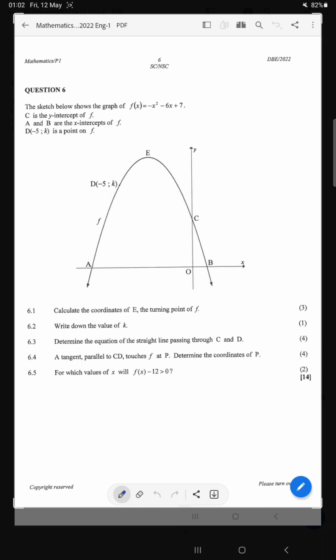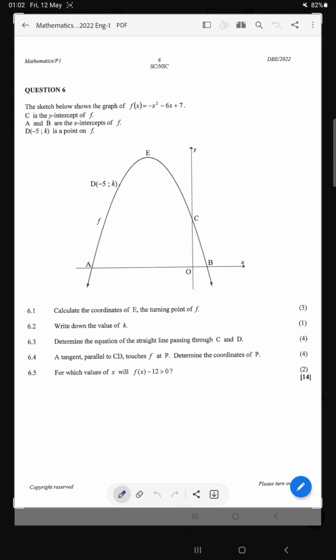Today we're going to do paper 1 mathematics 2022 June, question 6. Question 6 says the sketch below shows the graph of f of x equals negative x squared minus 6x plus 7.